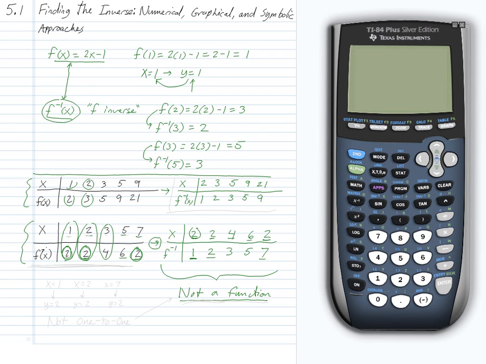And that brings us to our first important definition in this chapter. So on the first page of the notes for this section, near the middle bottom, you'll see the definition of one-to-one functions. And that says that a function is one-to-one if whenever we have different inputs, we get different outputs. So here I have x equals 1 and x equals 2.